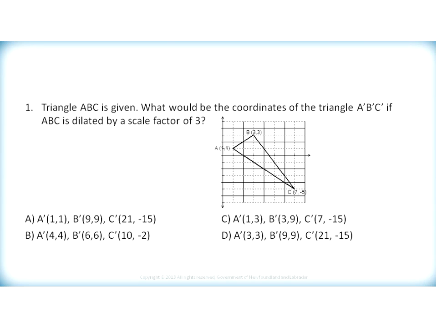Triangle ABC is given. You can see that there on the right. What would the coordinates of the triangle A prime, B prime, C prime be if ABC is dilated by a scale factor of 3?